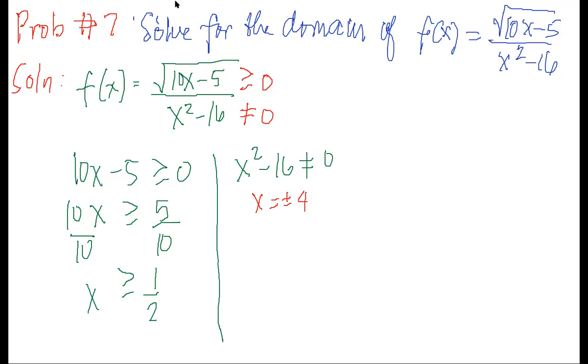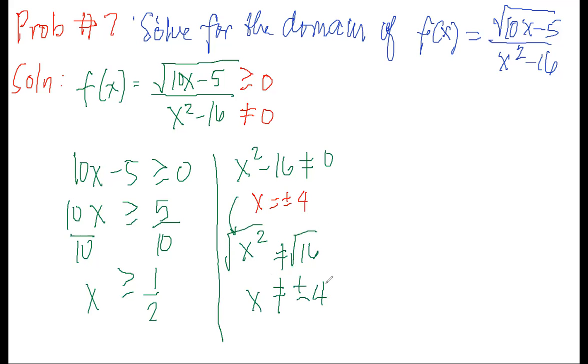So let's check if it's really positive or negative 4. Let's solve: x squared is not equal to 16, and we can take the square root on both sides. So x is not equal to positive or negative 4.